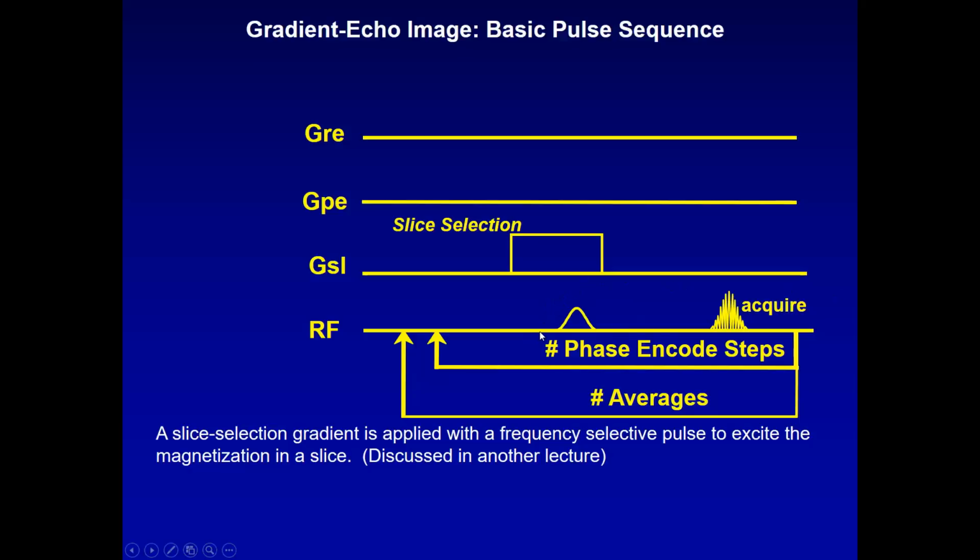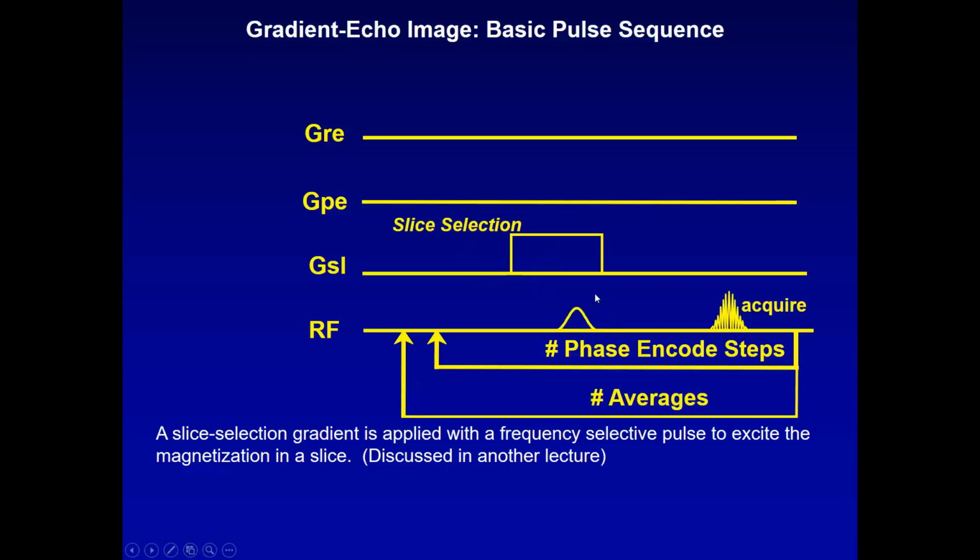So say you apply a pulse that is only going to excite 100 hertz of frequencies around the Larmor frequency, and then you apply a gradient whose gradient strength, if you take the gamma times the gradient strength, translates to 100 hertz per centimeter.